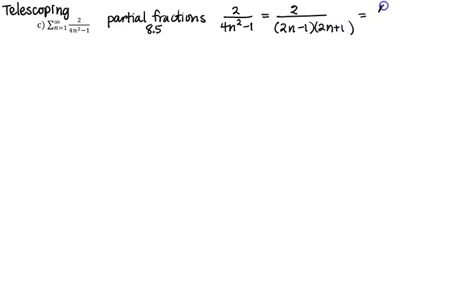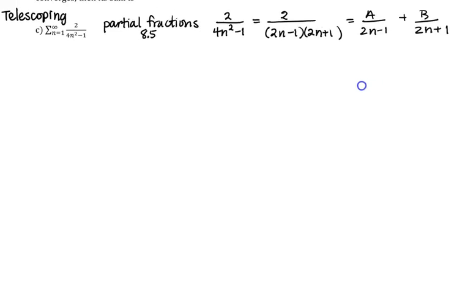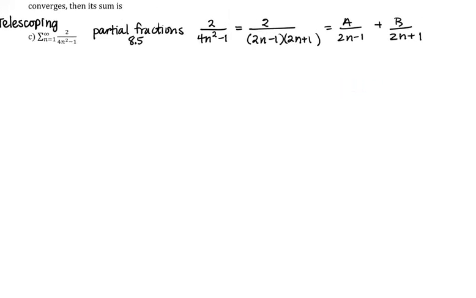I have a linear factor and another distinct linear factor. We need to set up a system of linear equations or use particular n values in order to solve for a and b. So I won't talk through it, but following through the same process we went through in 8.5, I will solve for a and b.